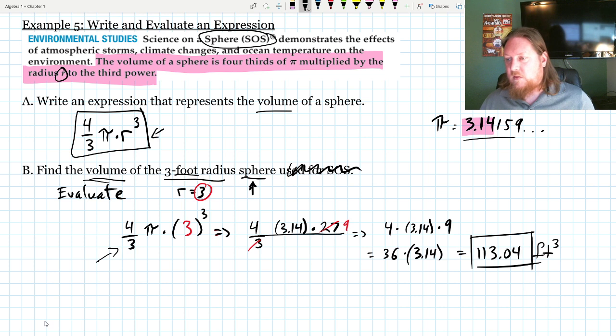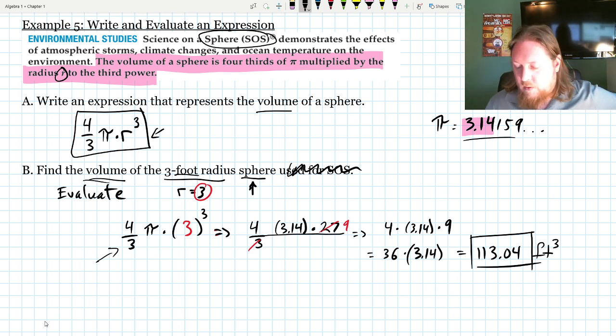What I'm going to do is write this all out in a sentence here. This is like the professional way of writing down the result.